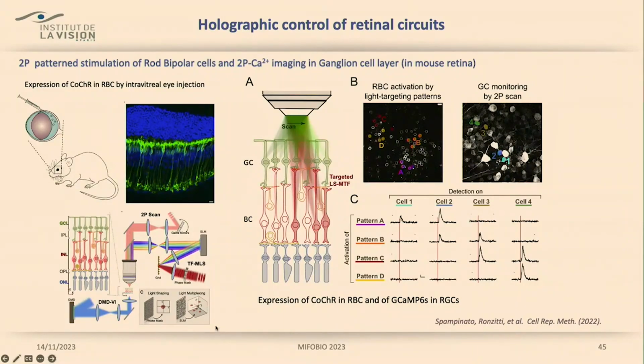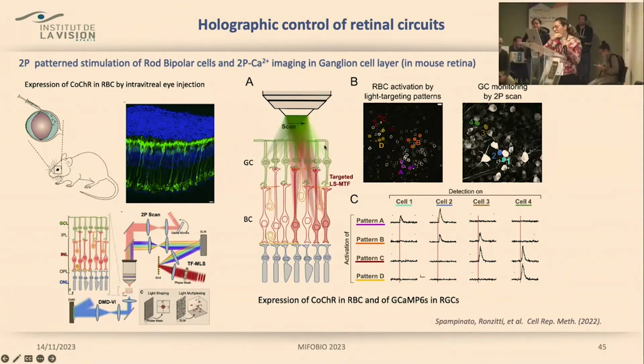With the holographic microscope, we imaged the calcium in the ganglion cell layer with regular, standard scanning imaging. But with the holographic methods, we were selectively activating the bipolar cells in different group ensembles, and we performed a study on the functional connectivity between this cell layer and the ganglion cells.